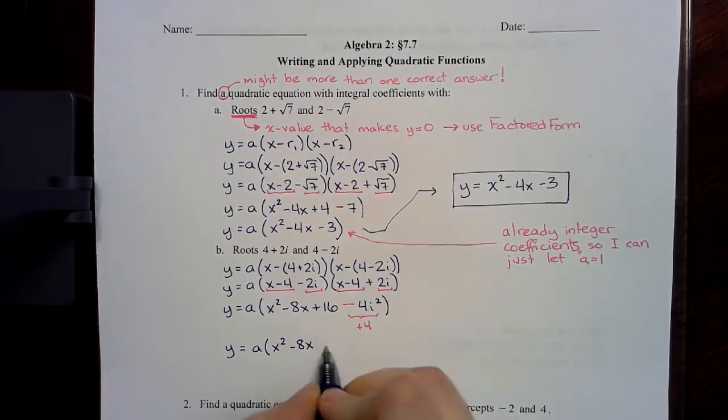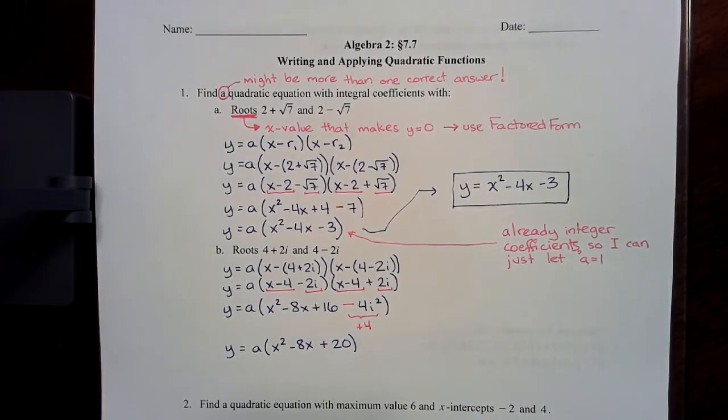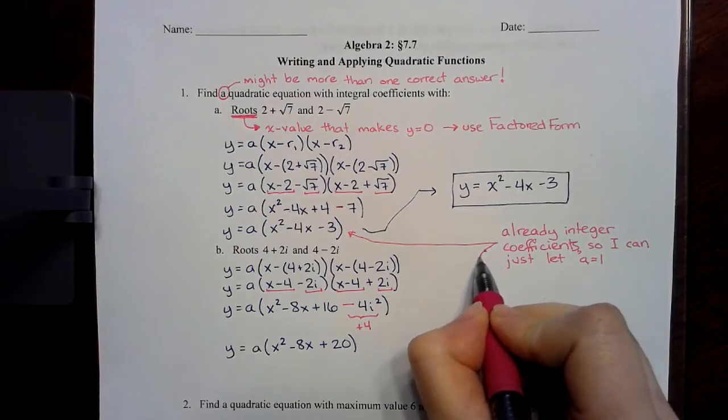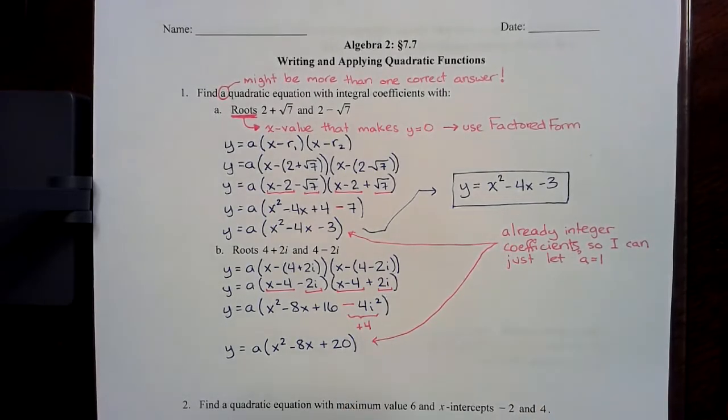So, combining like terms, I will get this formula. And again, all of the numbers inside were already integer coefficients, so I'm just going to let my a be 1. But it didn't have to be 1. If I picked a to be 10, I'd get 10x squared minus 80x plus 200, which would also be a correct answer.